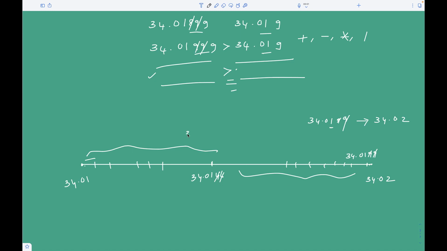Similarly, because 34.0146 is closer to 34.01 than 34.02, we have to convert this number into 34.01. But how do we do that? Simple. You simply have to drop these two digits.